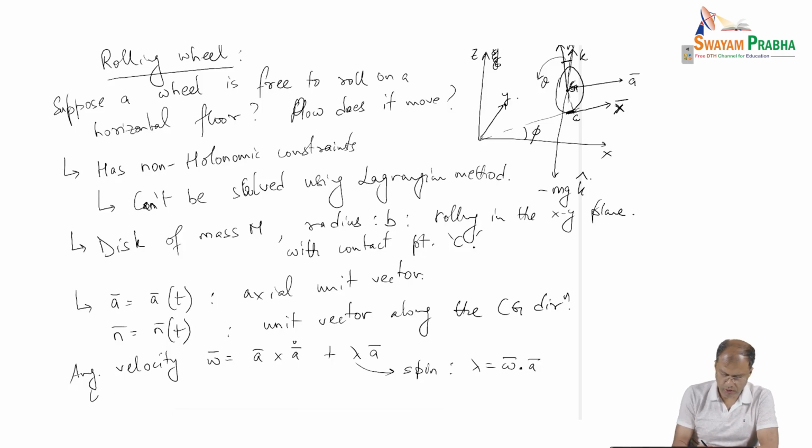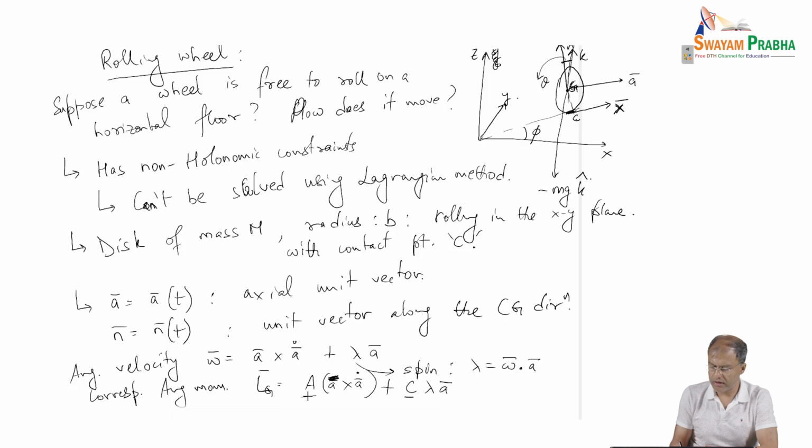And we see that the corresponding angular momentum Lg is given by I times omega, where I omega is a times A cross A dot plus c times lambda A. So these are my smallest and the largest moment of inertia about the principal axis.